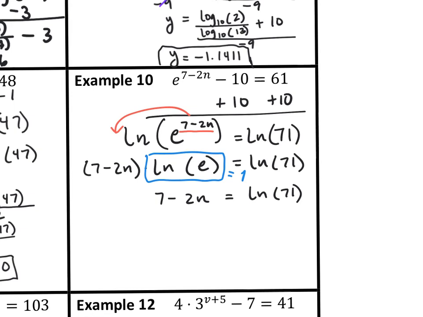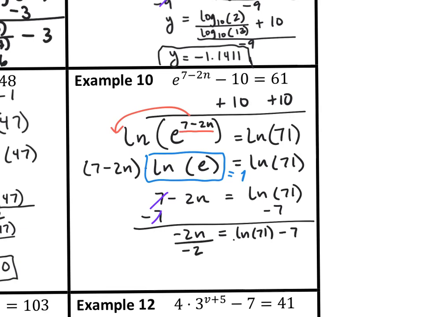Okay, so then next step is subtract 7 on both sides. It's going to cancel here. We're going to get negative 2n equals ln 71 minus 7. Then divide negative 2 on both sides.